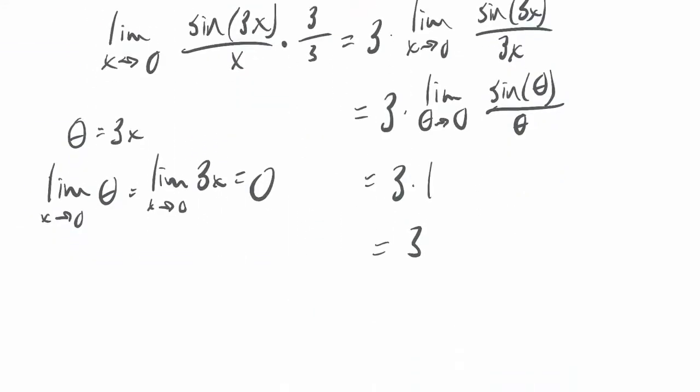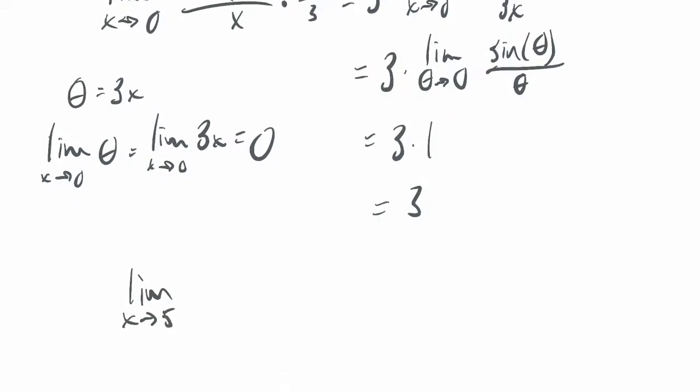What if I had, say, the limit, of course, as x goes to 5, of sine of x squared minus 25 over x minus 5, right?